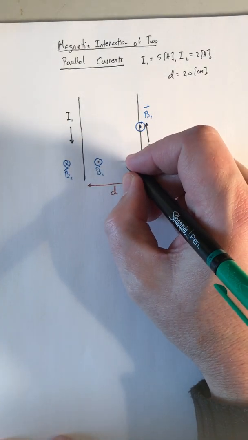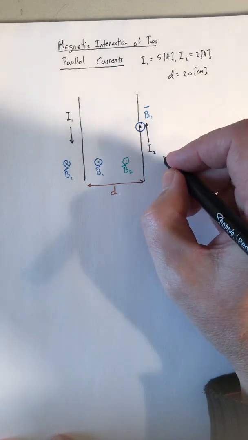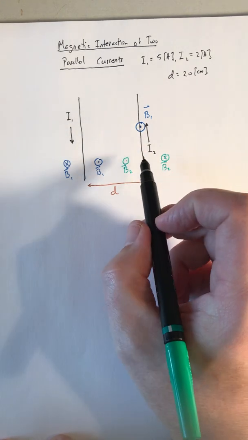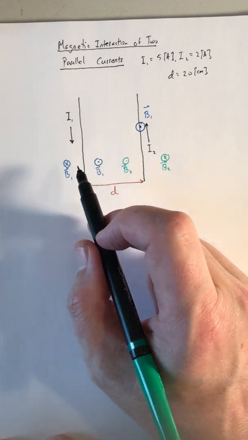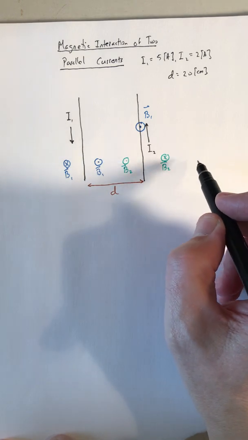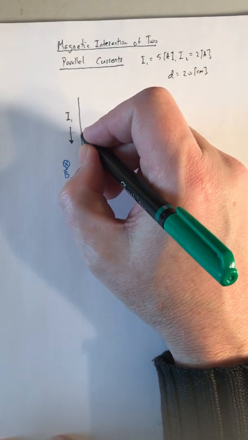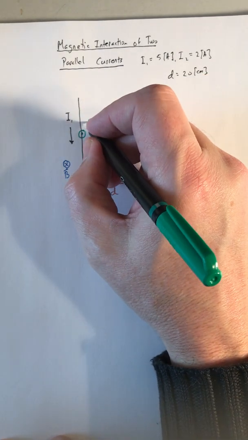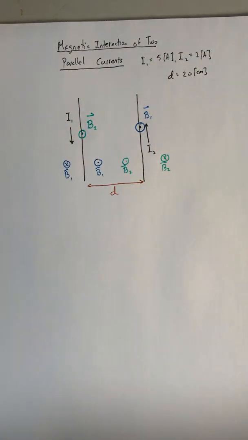So that same idea, if I cut in cross section through one of those magnetic field lines, everywhere to the left of current 2, I have a magnetic field that's coming out of the plane of the page, and everywhere to the right of current 2, I have magnetic field lines that are going into the plane of the page. And then in particular, at the location of current 1, current 2 is making a magnetic field that comes out of the plane of the page.